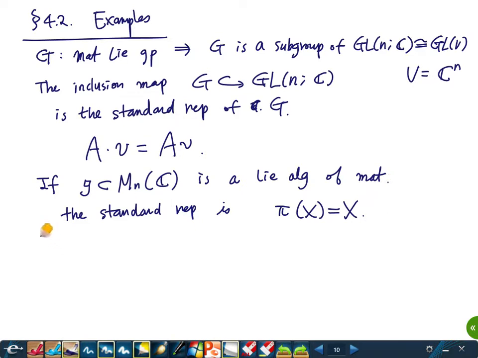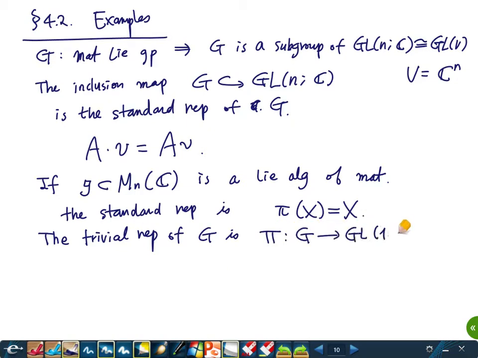Another not very interesting example is the trivial representation of G, a map or homomorphism from G to the general linear group, where the dimension is 1, or the degree is 1, where pi of A is just the identity.